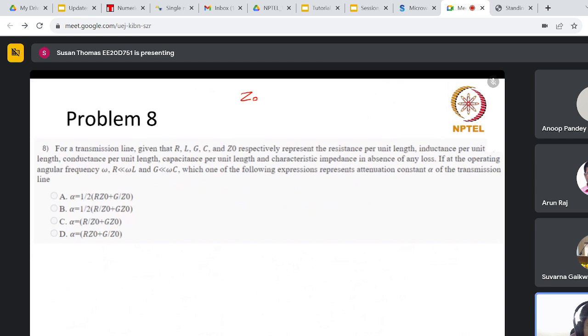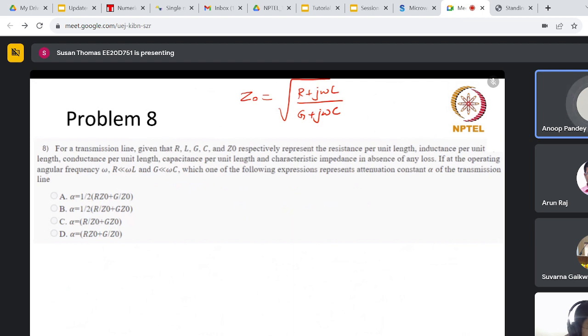Okay. Z naught is root of R plus j omega L by G plus j omega C. It need not be real always. No, ma'am.